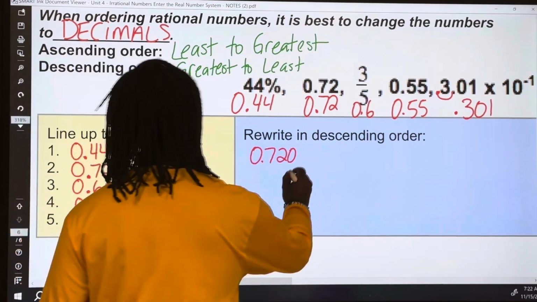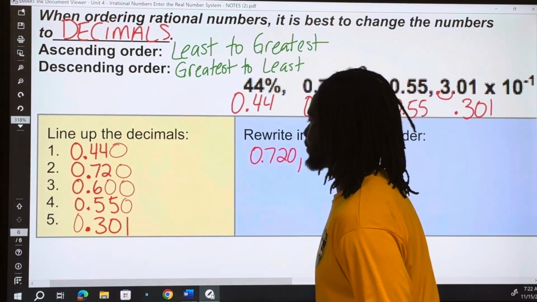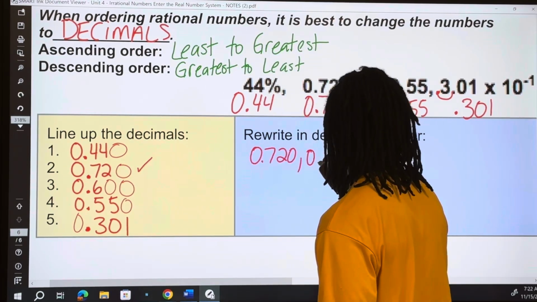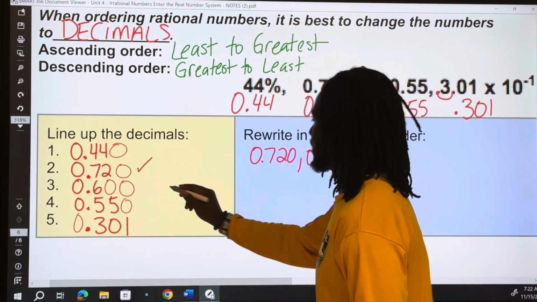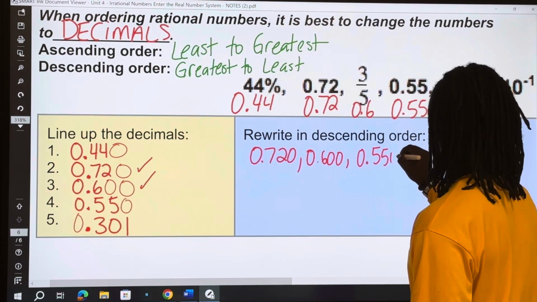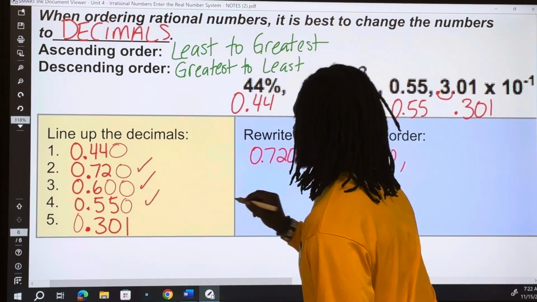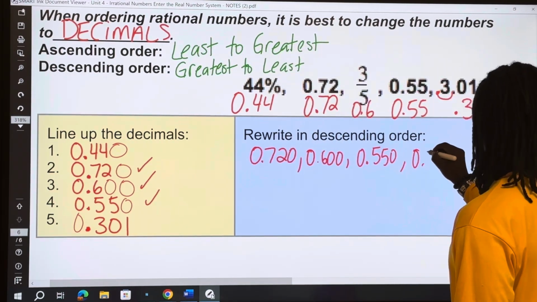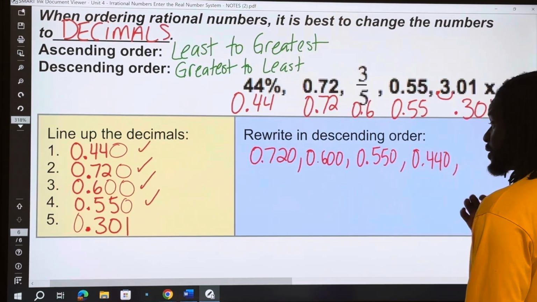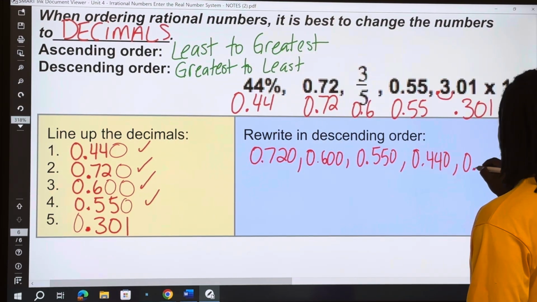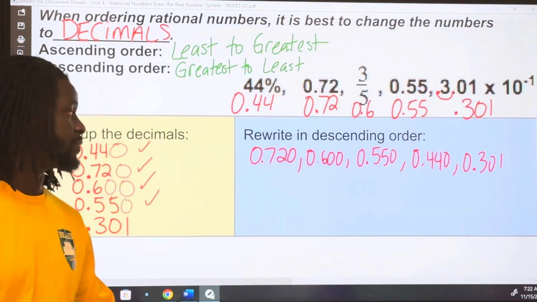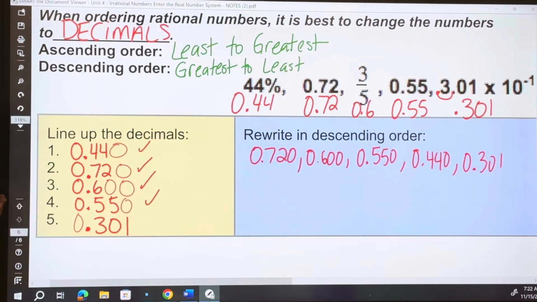Then what comes after that? What's the second? Well, it would be the 0.600, then the 0.550, then the 0.440, and then it is 0.301. Just putting these in order from greatest to least. Now I have rewritten them in descending order.